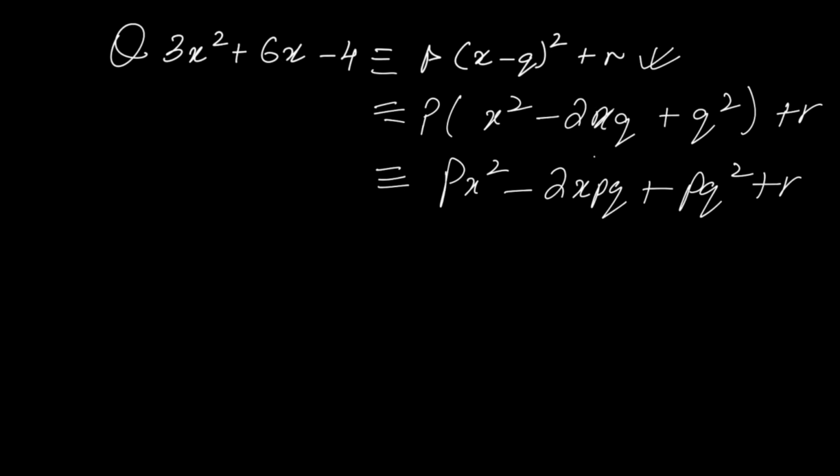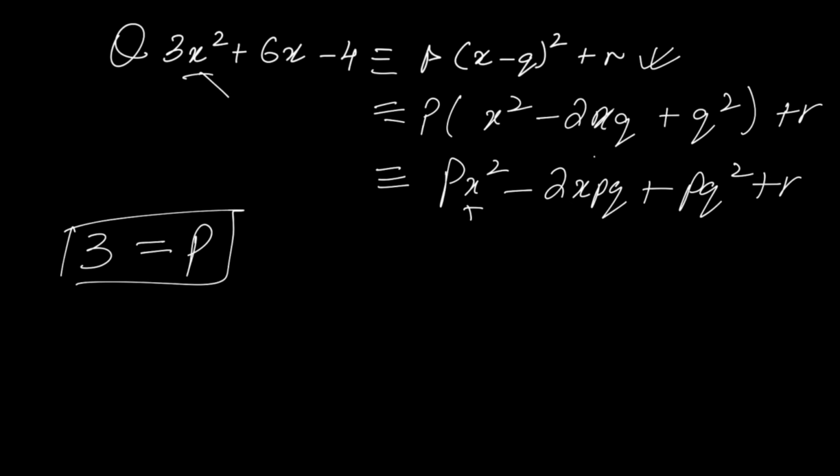Now that we've opened this, we can equate the coefficients. So we'll equate the coefficients of x square. We can skip writing x square because it's going to cut. So we get 3 as p because there is only one x square in both equations. Now let's take the x's in both equations.